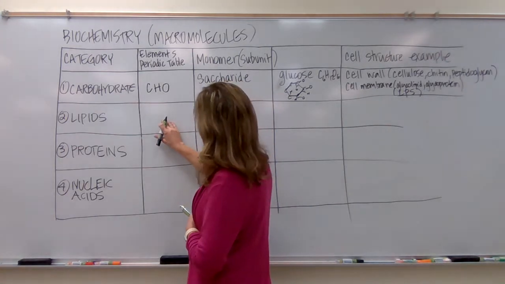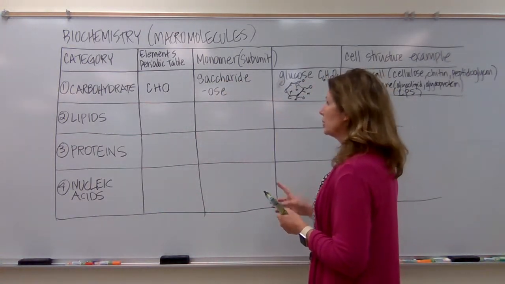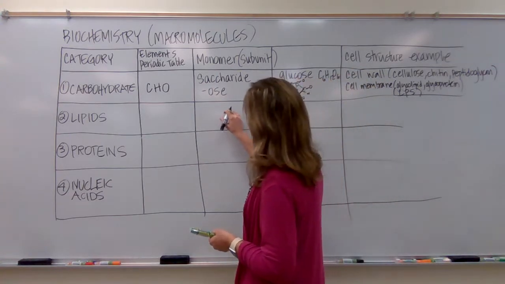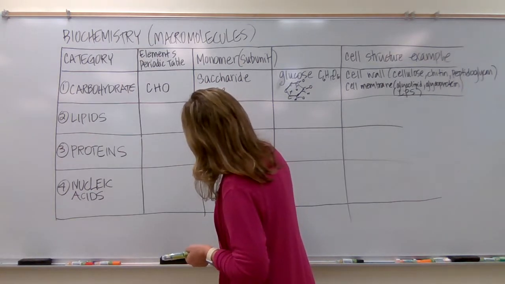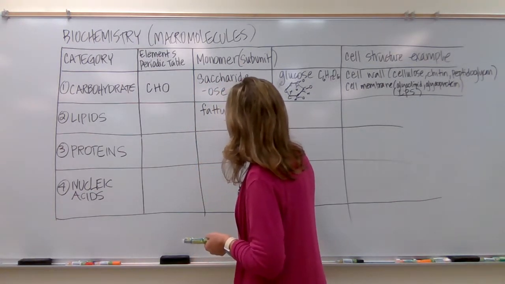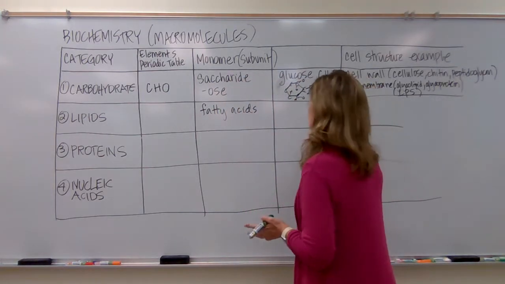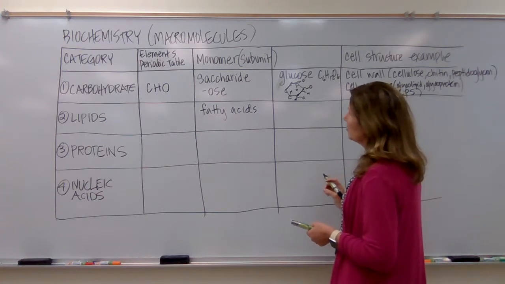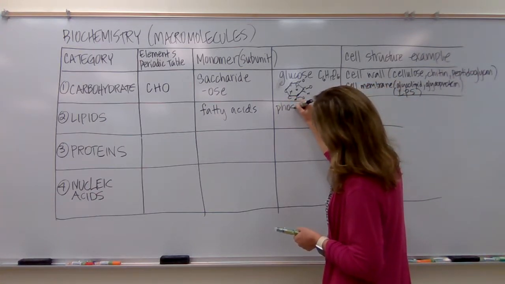And when I think of lipids, usually I'll think of the monomer unit. For me, the monomer unit is going to be a fatty acid. So fatty acids. When I think of a fatty acid, one of the most common is going to be that phospholipid.